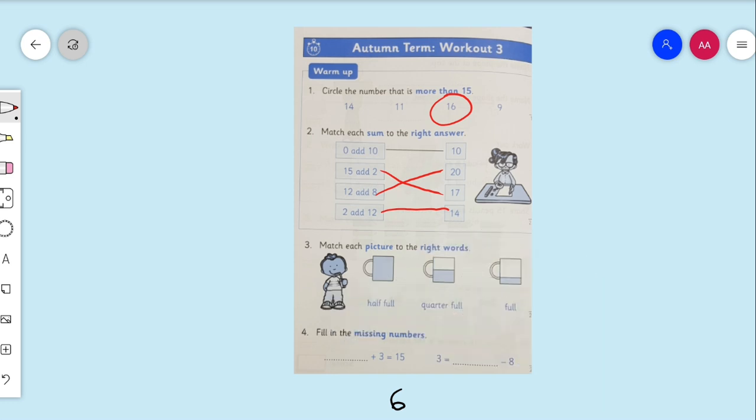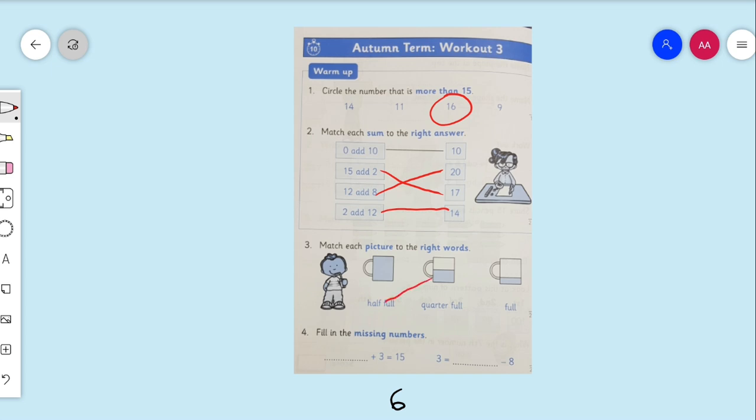So, first, half full. Which cup is half full? This is filled with water, so this is not half. This one looks like a bit less than half, and this one is exactly half. So we can match this one to the half full here.